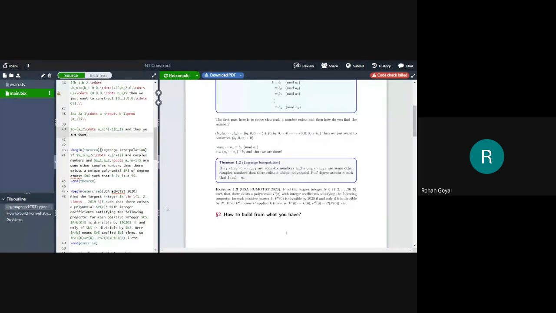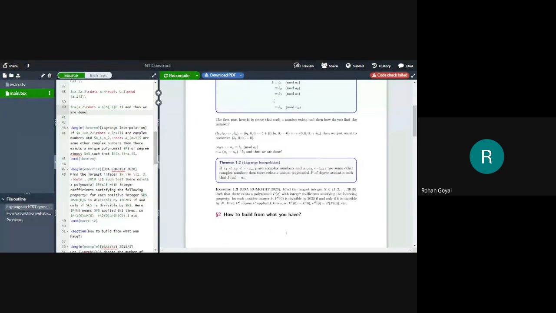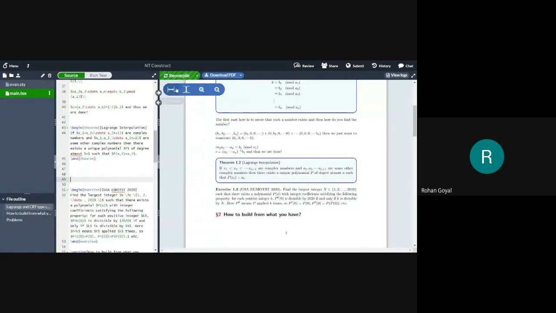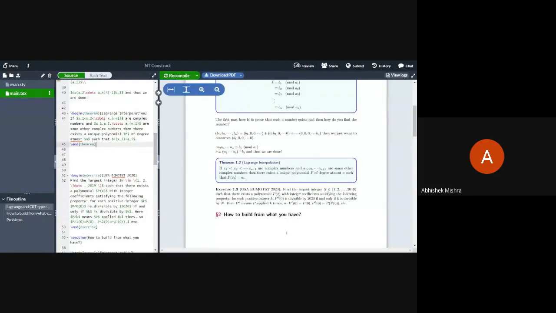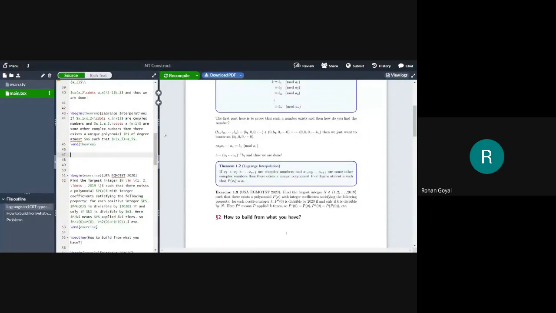Can someone explain how we can do it in Lagrange interpolation? First of all, is everyone familiar with what Lagrange interpolation is? Okay, good. So Lagrange interpolation basically says that you can impose n plus 1 conditions on an n degree polynomial. Let me put it this way.